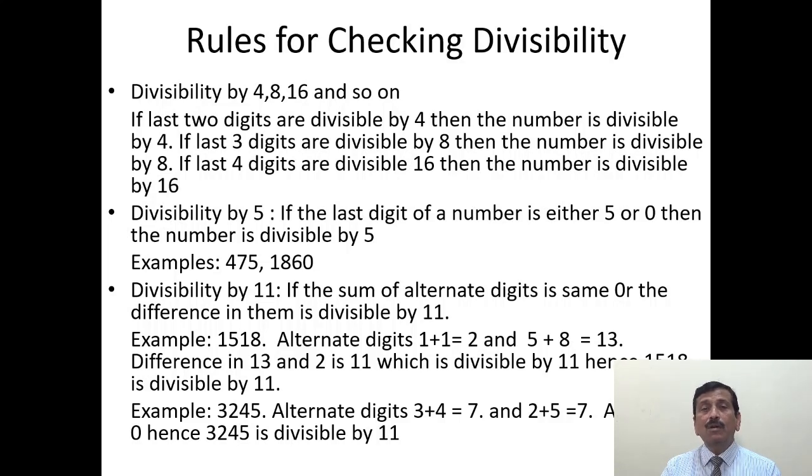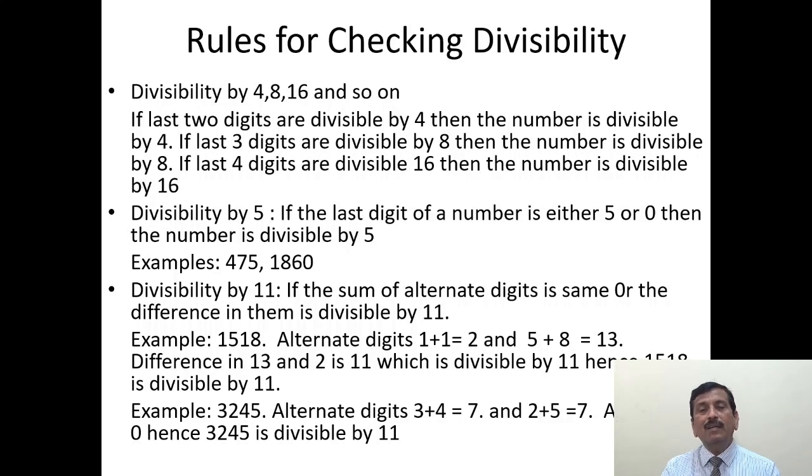There could be rules for very many other numbers. Like there is a rule for divisibility by 7 also. But that rule requires so many procedures and calculations that if you practically try to divide a number by 7, you may go faster if the number doesn't exceed a 6-digit number.